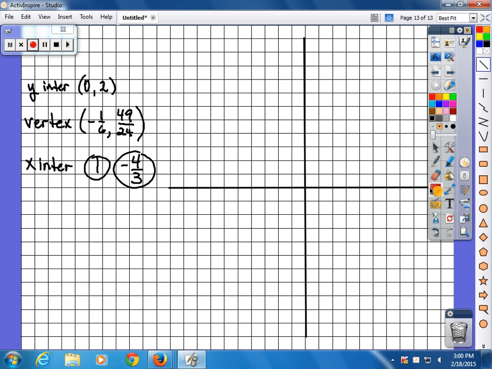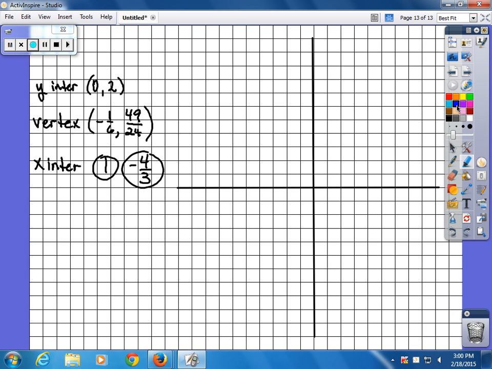There's your graph. And we got a y-intercept of 0, 2. And we've got a vertex of negative 1, 6, which would be to the left. And what, 24 and 24 is 48, so that's negative 2.